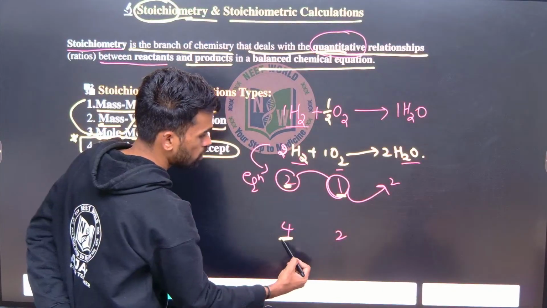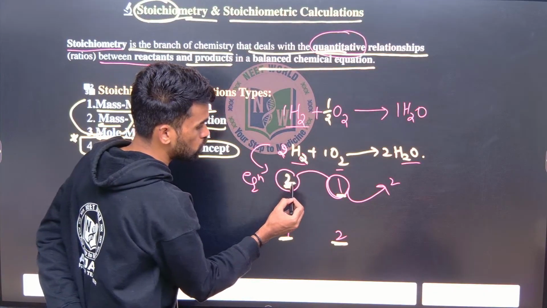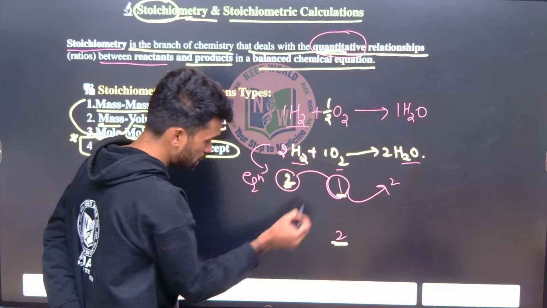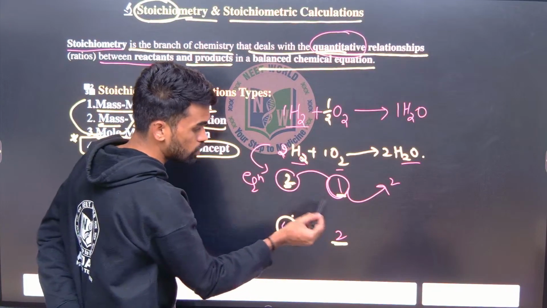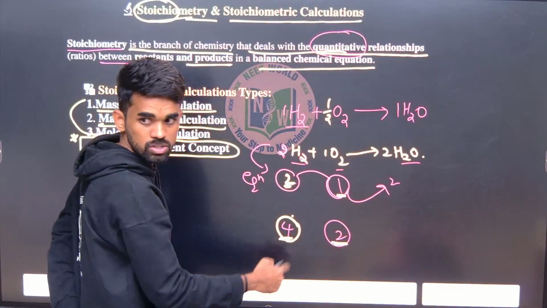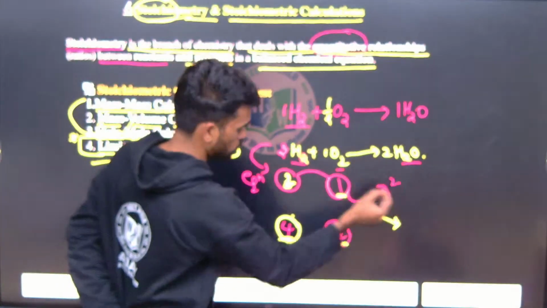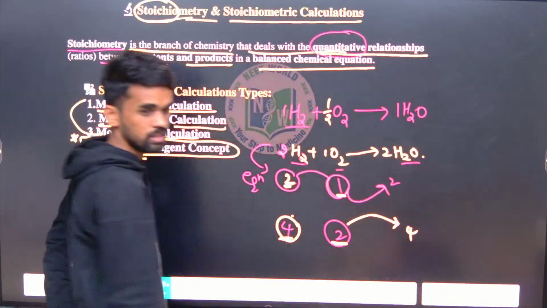If it is 4, we require 2. Why? Because when we have 2 moles, half of it is required; when I have 4, also half of it is required. Half of 4 is 2, and 2 we have here, so that is sufficient. So this gives us 4 moles of water.